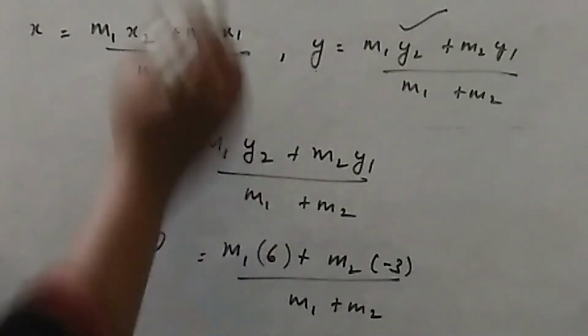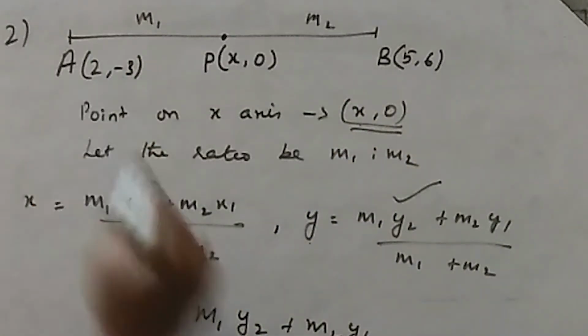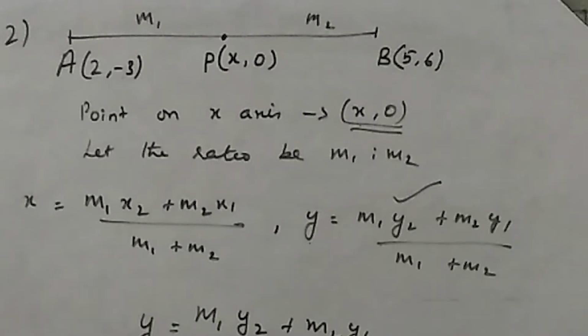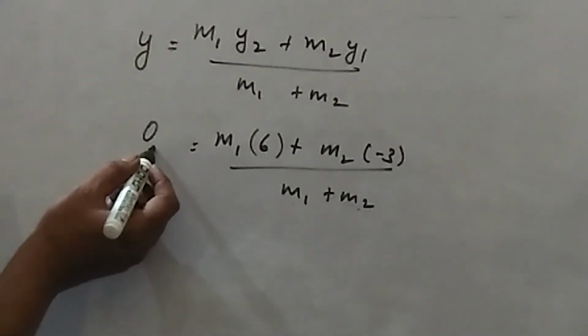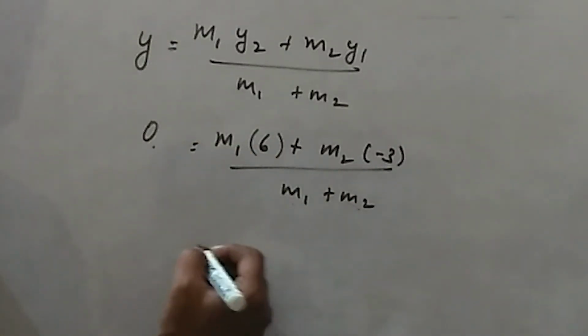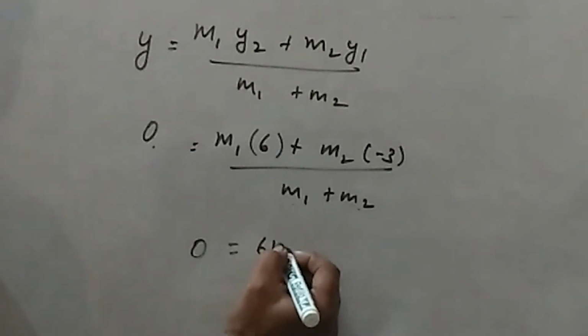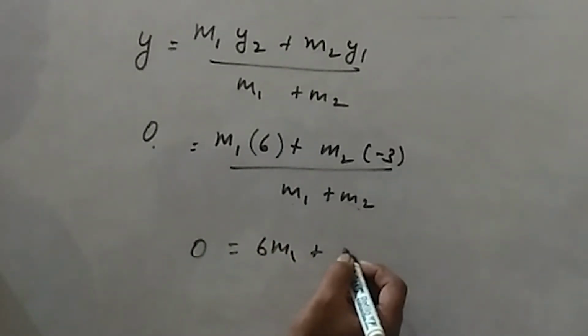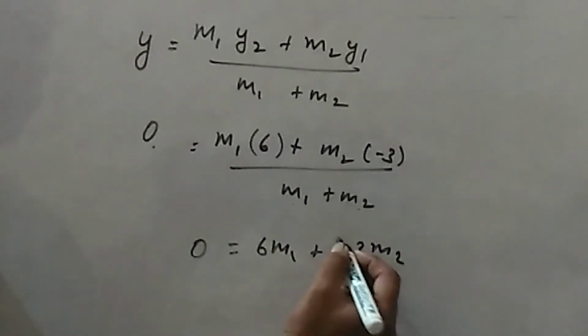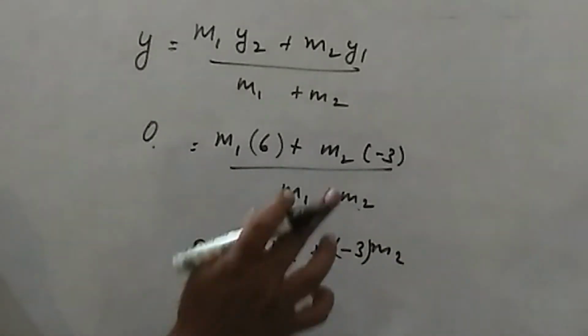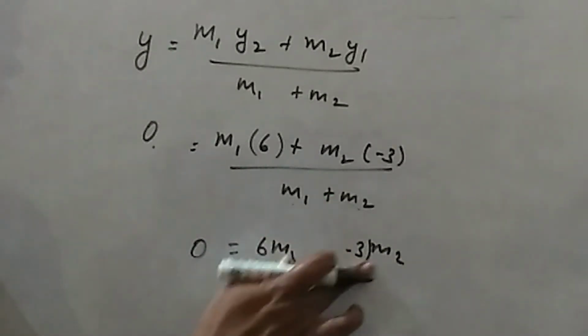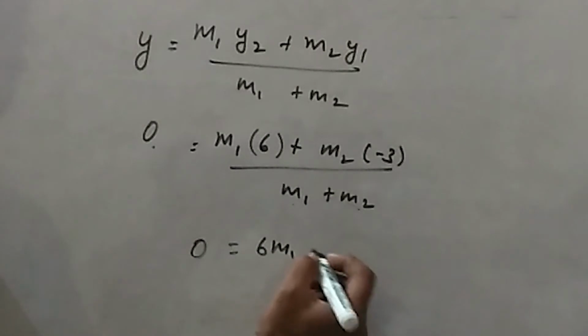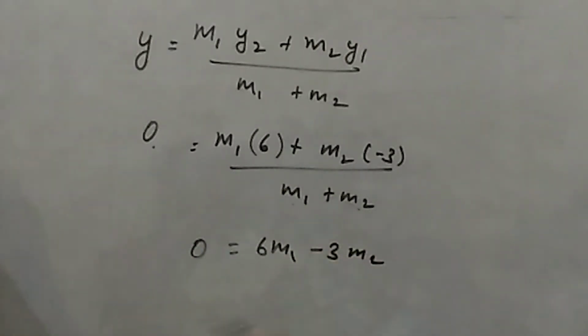Anything multiplied with 0 is 0. So you will get 0 is equal to 6m1 plus minus 3m2, so you can write it this way, minus 3m2.